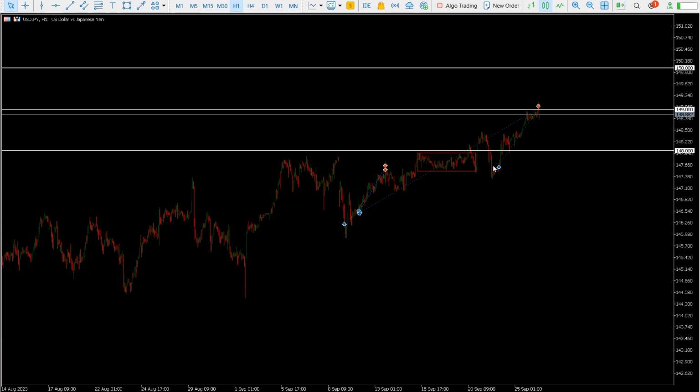Anyways, when the BOJ finally announced its decision on Friday, of course, they kept the ultra-low interest rates unchanged at negative 0.10% as expected. As I've already mentioned, they have much to do until they can move to a positive interest rate.